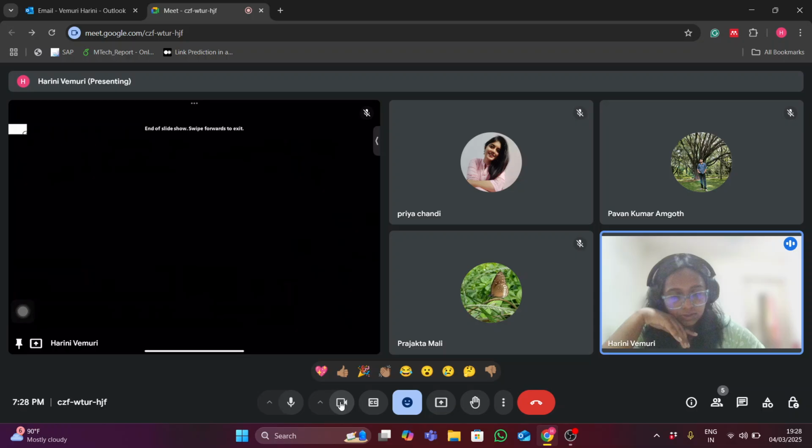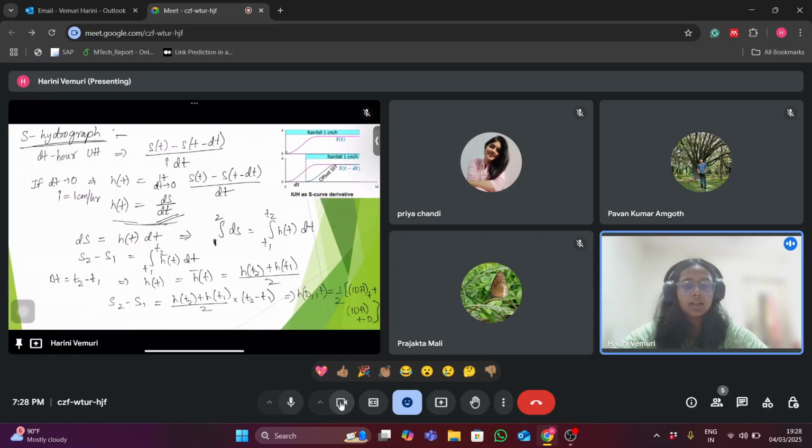The next small topic is the distribution graph, which is also called the Bernard distribution graph. It gives us the variation of a d-hour unit hydrograph with coordinates showing the percentage of runoff occurring in successive periods of equal time interval of d hour. Suppose each interval is d hour, T1, T2, like this T3.